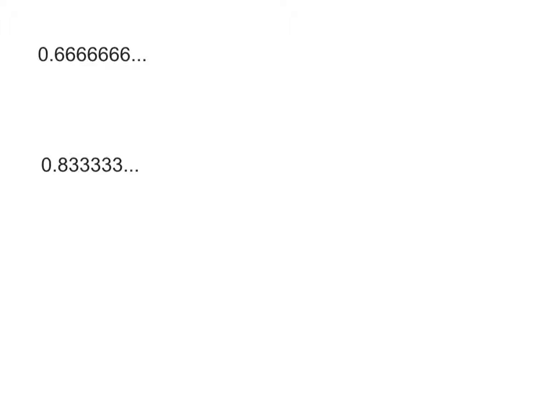If we have to rewrite each of the following repeating decimals with a bar over the part that repeats, this first example is going to look like 0.6, the bar over the 6. And in the second example, 0.8333 forever is going to be 0.83 with the bar only over the 3.